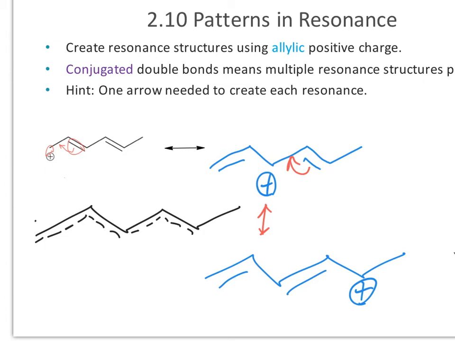Yes, it did spend some time, so let's put a delta plus there. How about carbon 2? No, carbon 2 never had a positive charge on it. But carbon 3 did, so I'll put a delta plus on carbon 3. Carbon 4 never spent any time as positive, but carbon 5 did, so we'll put a pseudo-positive on carbon 5.